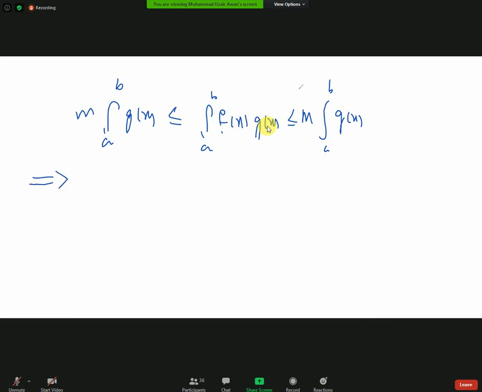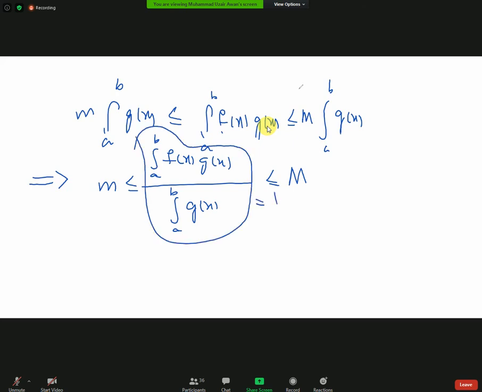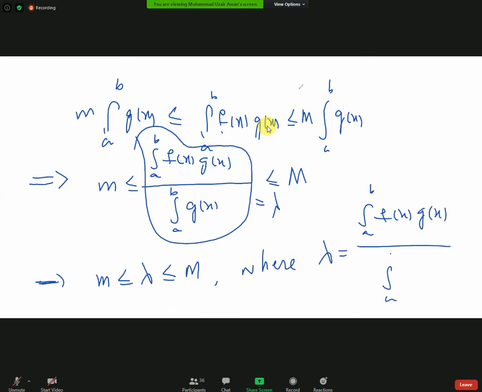This implies m is less or equal to this quantity, which is less or equal to capital M. Let's say this central term is equal to lambda, then this implies m is less or equal to lambda, which is less or equal to capital M, where lambda is equal to the integral of f g divided by the integral of g, which is not zero.